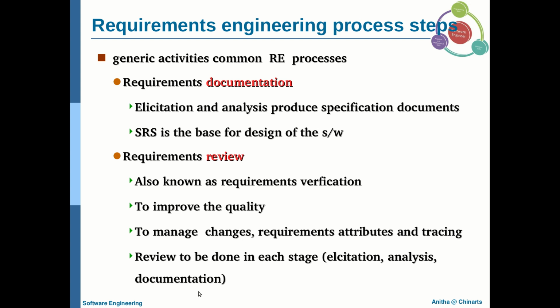If it describes only the software, then it becomes the software requirement specification. In both cases, the requirement specification must treat the system as a black box, because it describes only what is to be done in the system and not how it is done.